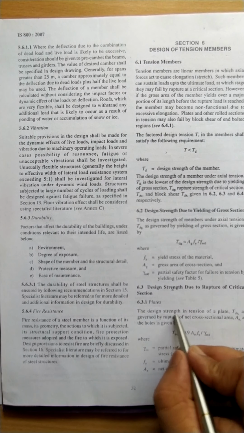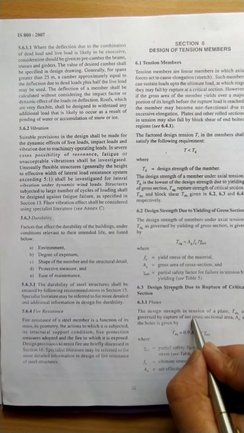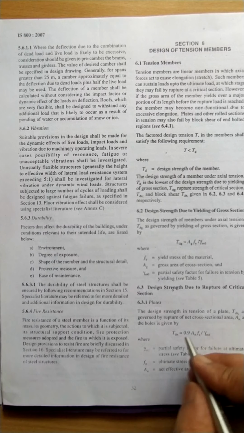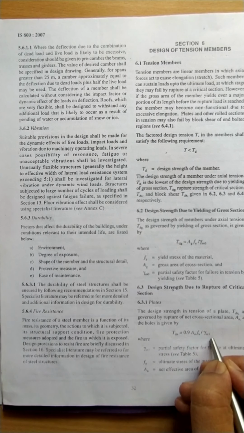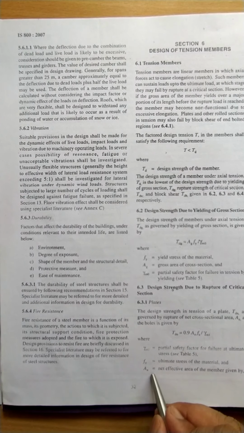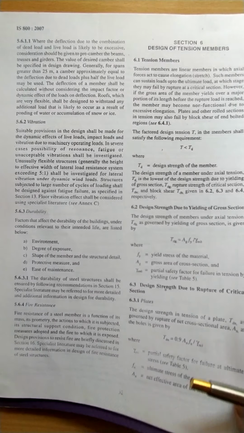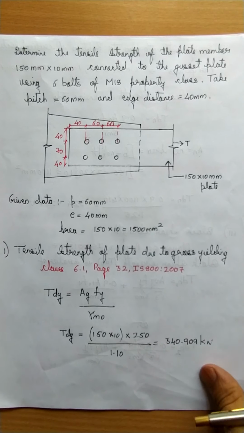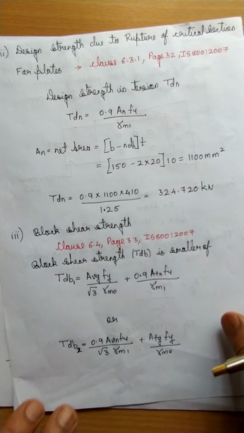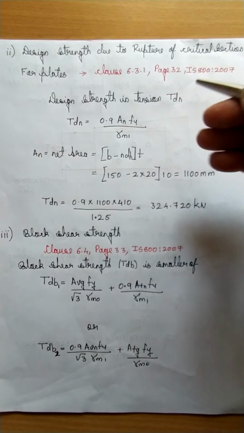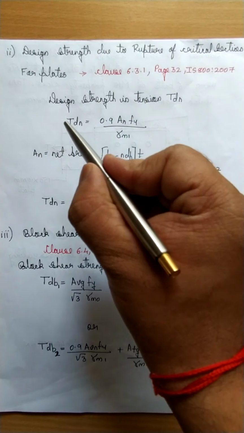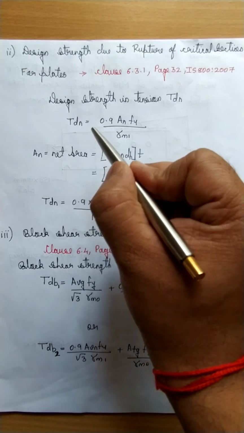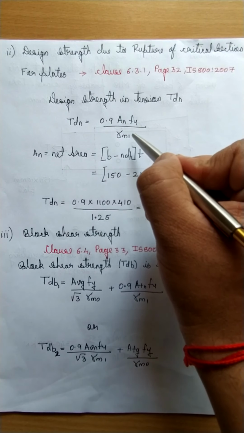The design strength in tension of a plate, Tdn, as governed by the rupture of net cross section area An, is given by Tdn is equal to 0.9 An fu divided by gamma m1, where An is the net effective area of the given member. Remember, it is for plates.